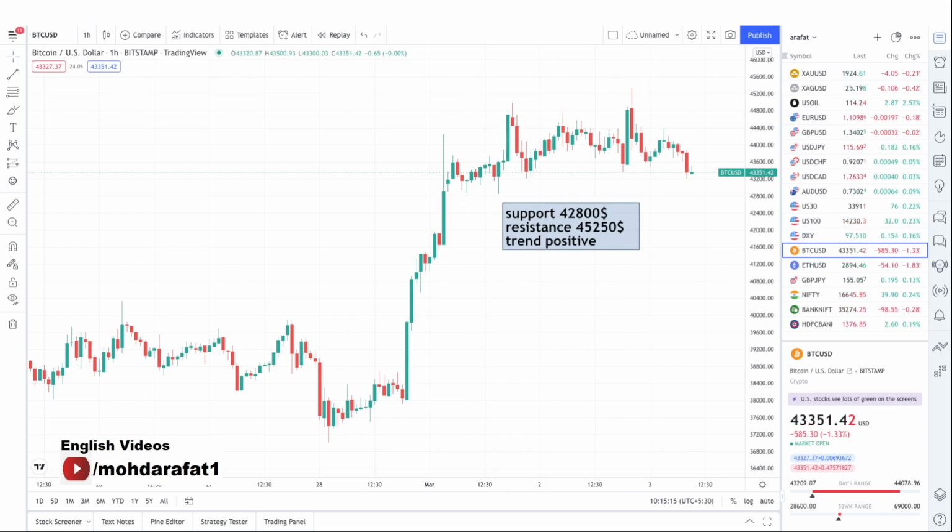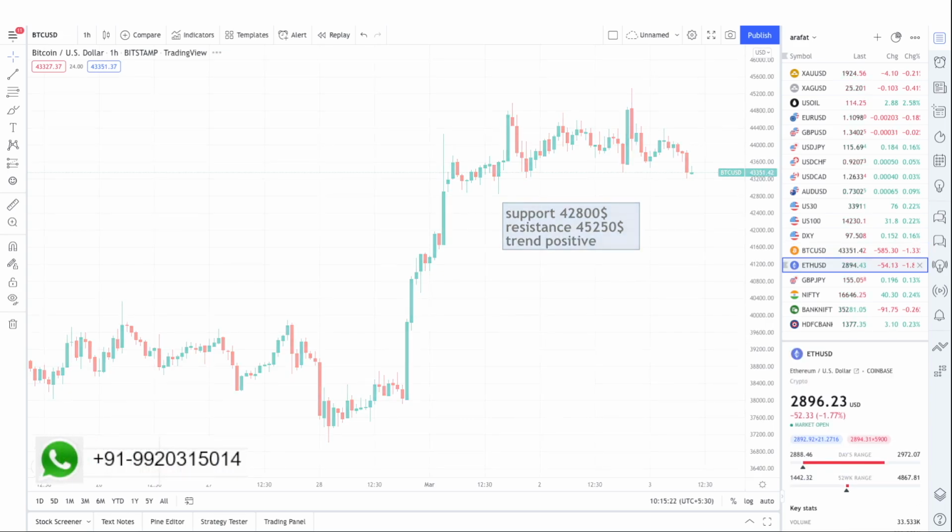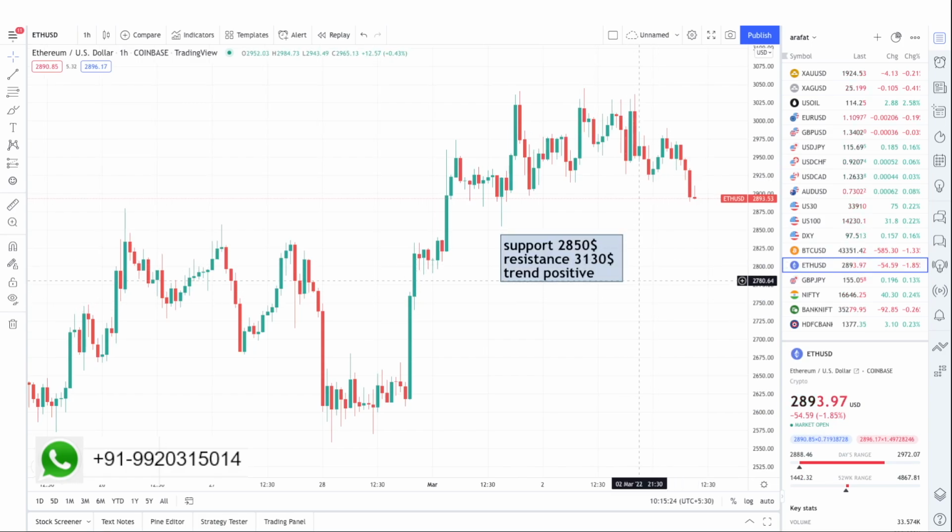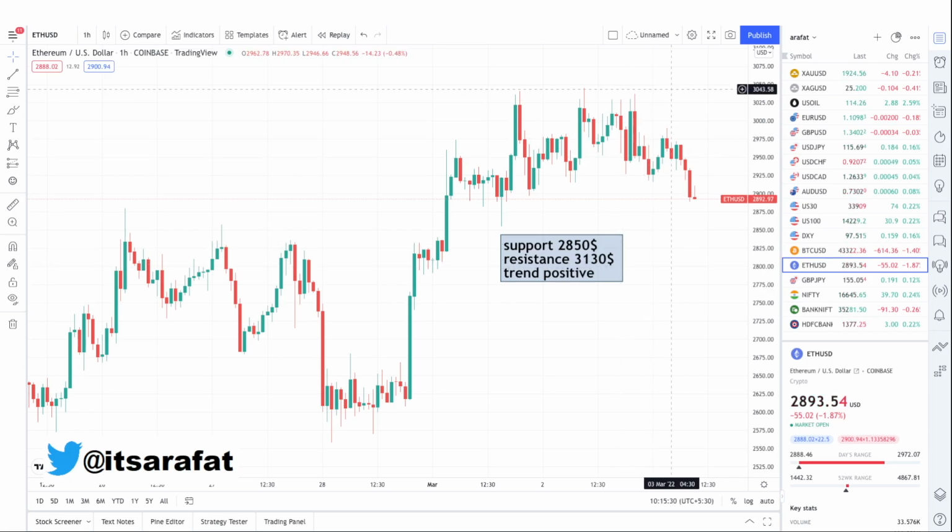Once it breaks the support, Bitcoin will enter a weak zone. Let's move on to Ethereum. These are the levels from yesterday, and these are still valid. Resistance was 3130. It could not go beyond 3044. So Bitcoin and Ethereum levels are still valid.